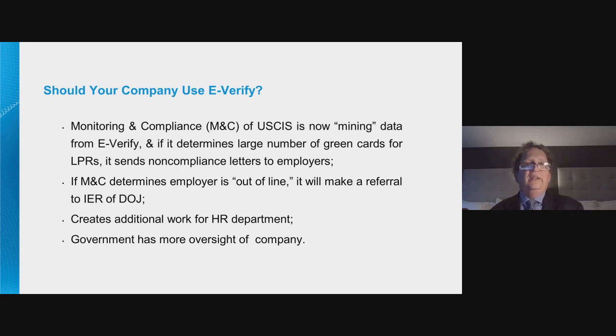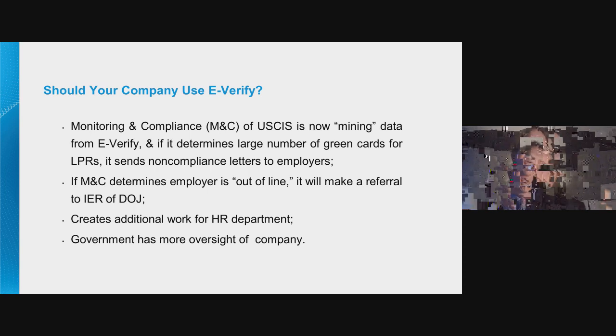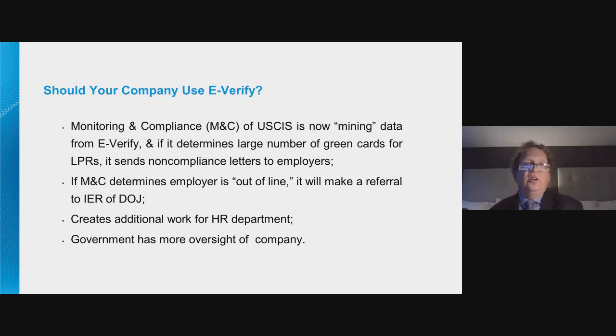It's this monitoring compliance section of the USCIS. They mine data from the E-Verify, and if they don't like the way that data looks, there's too many green cards for permanent residents. Why weren't there a driver's license and a social security card instead of the green card?